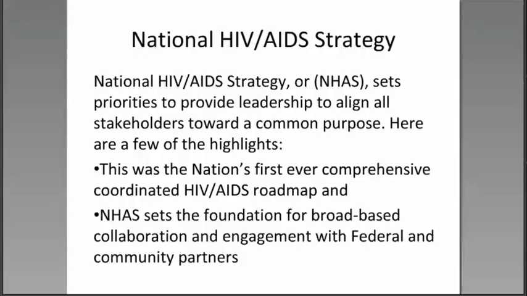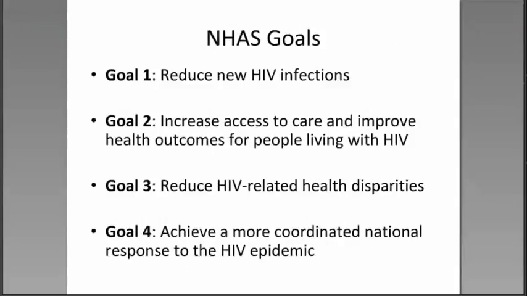So NHAS was started, they had goals for 2010, and then they revised the goals just recently, added a fourth goal, and these goals are the goals for 2020. So let's look at what those goals are. And here we see the goals. There are four of them. The first goal is to reduce new HIV infections.